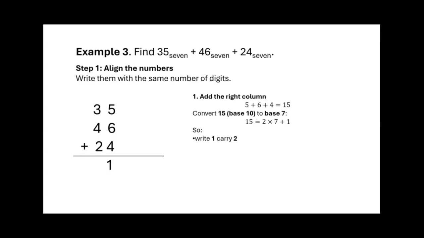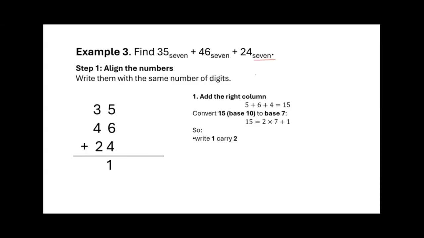So to find the answer, we always start on the rightmost column, the column of the ones or the units. If you add the digits 5, 6, 4, and 1, this actually gives you 15. But something that is not visible in my PowerPoint presentation is that when you are in a base, you can only use specific digits, which are all of the digits below that base.